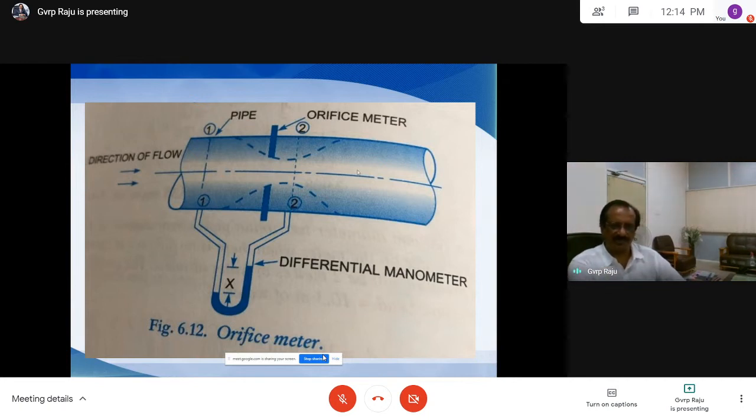Velocity at point 2, V2 is more than V1, and the pressure P1 is more than P2. So once again, the principle involved is that by reducing the cross-section area, a pressure difference is created, and by measuring the pressure difference with the help of a manometer, we can find out the discharge. Same principle.